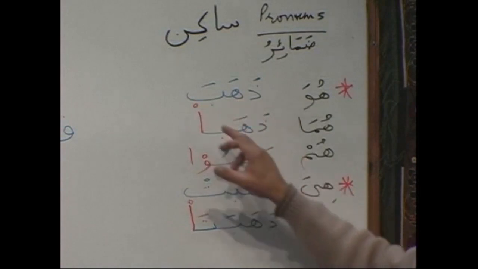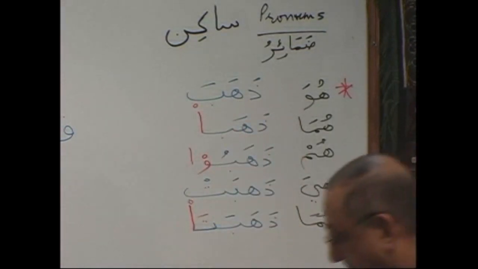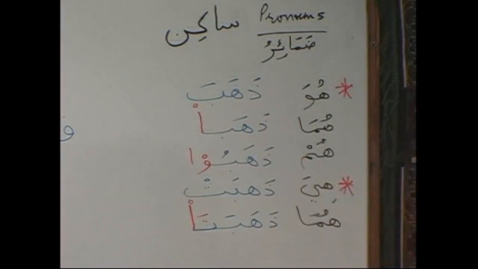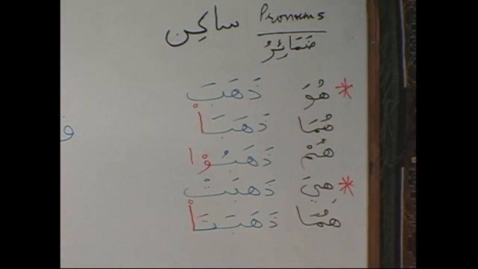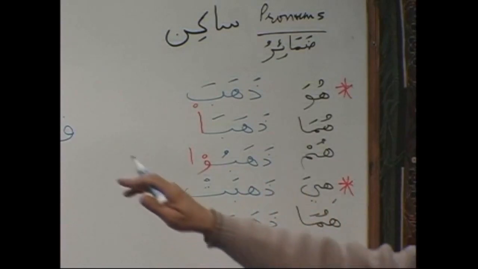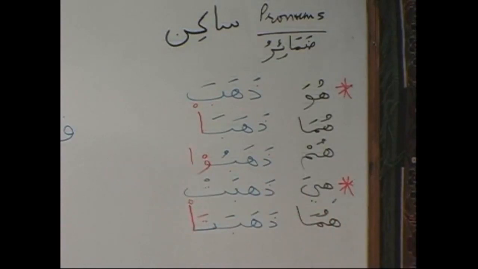But here, brothers and sisters, today we learn why it is that the lam kalima gets a sukoon. Here, zahaba. There is a harakat on the lam kalima. What happens there? It gets a sukoon. Why does it get a sukoon there?